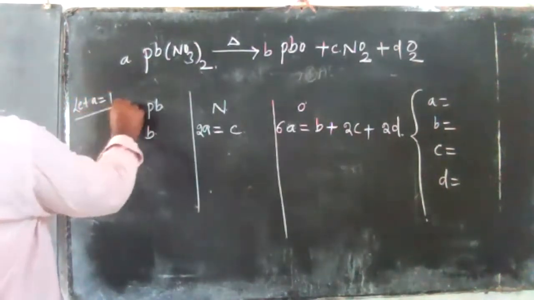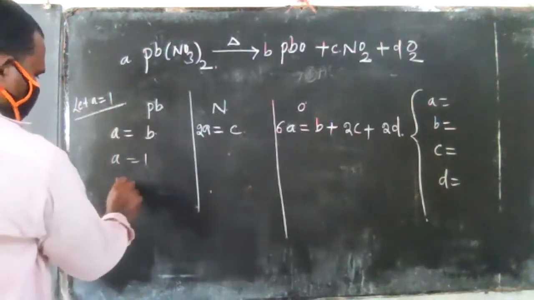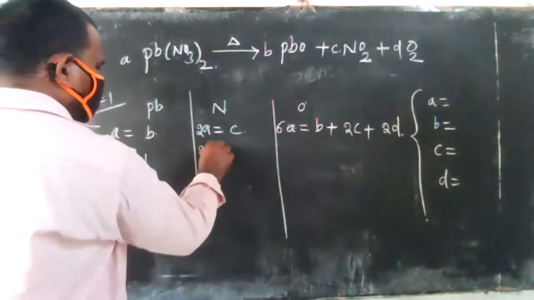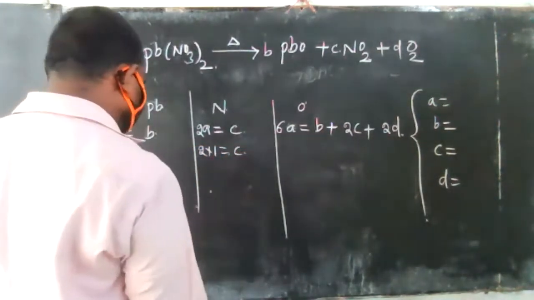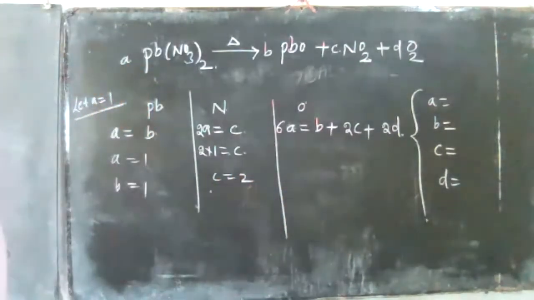Now let us take A equal to 1. A is equal to 1 means B is also 1. So A came and B came. Now A is equal to 1 means C is equal to what? C is equal to 2. Excellent answer. So A, B, C came.